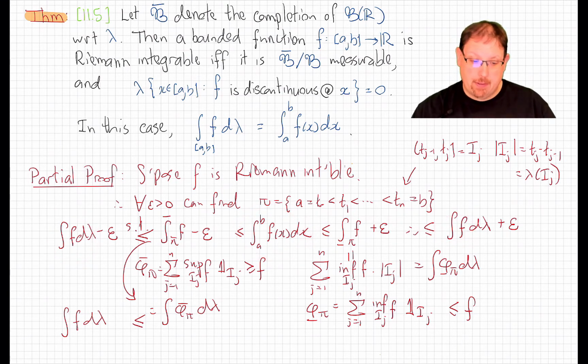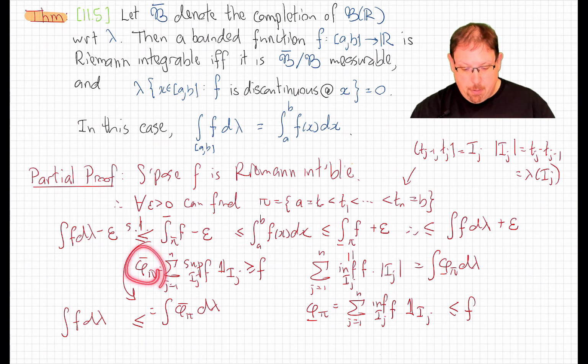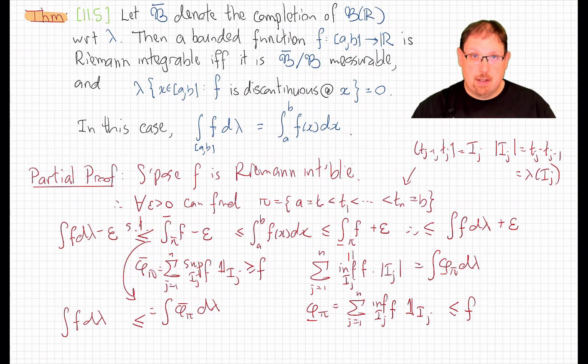Now, as for the other statements about characterizing those functions that are Riemann integrable, being those that are appropriately measurable and are continuous almost everywhere, let's just note that if the function f were continuous, then we could also easily prove that either of these functions, phi lower pi or phi upper pi, actually converges everywhere to the function f.